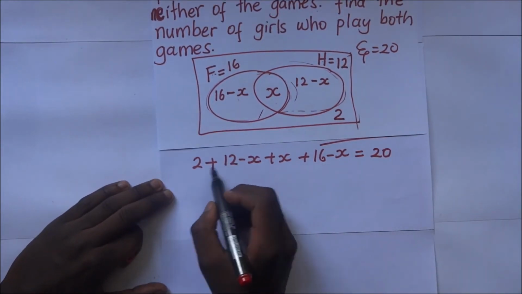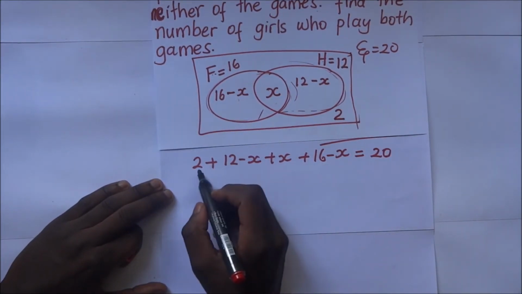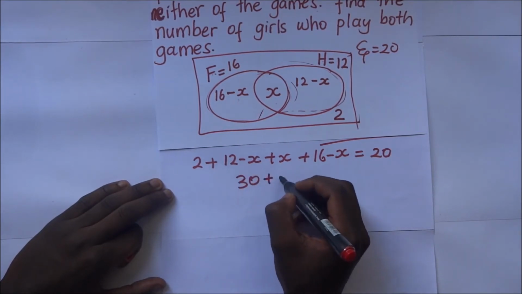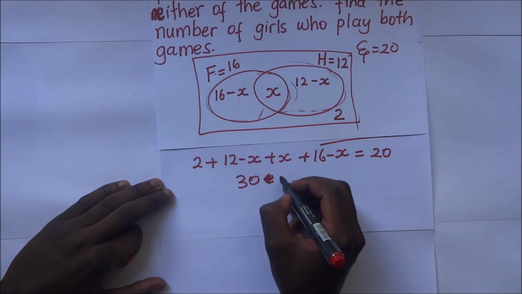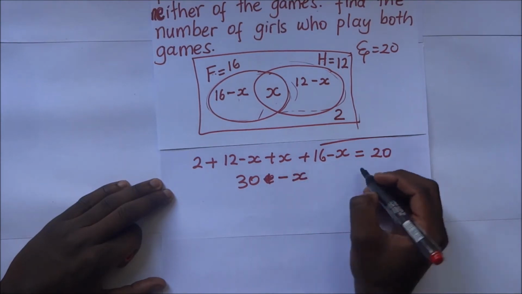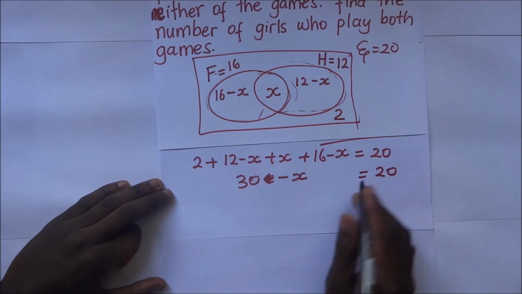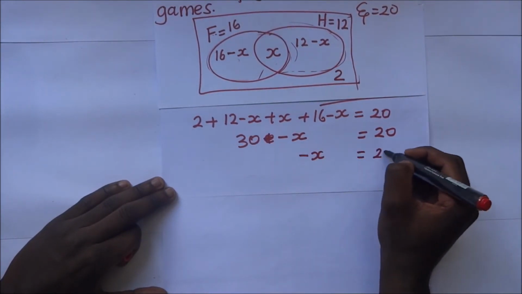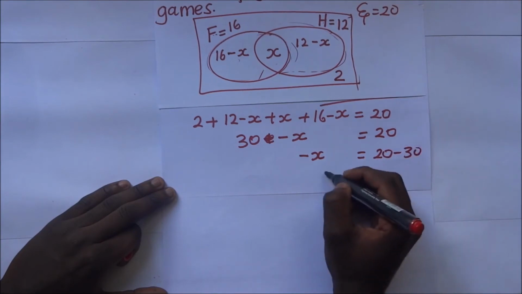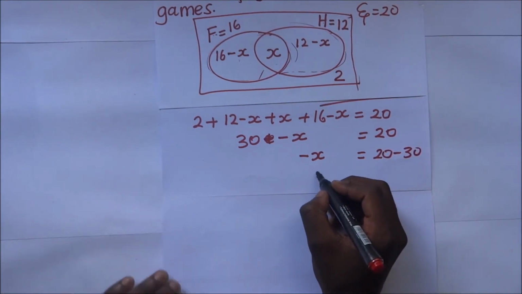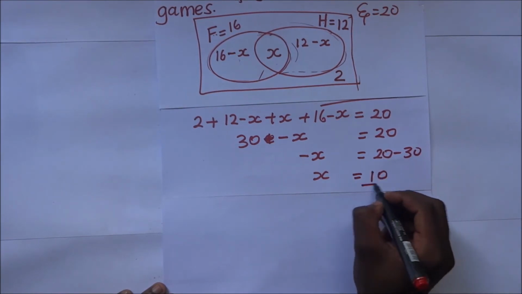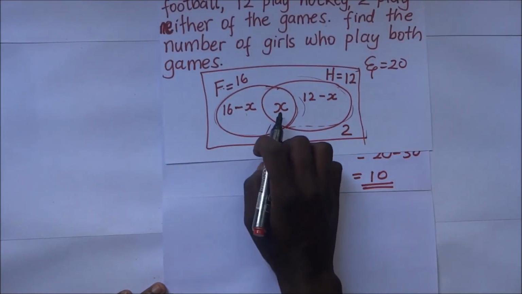So this is going to become 12 plus 2 plus 16, so this is going to be 30. 30 minus X is equal to 20. So you remain here with negative X giving you 20 minus 30. Of course, here our value of X is going to become 10. So it means our value of X is 10.